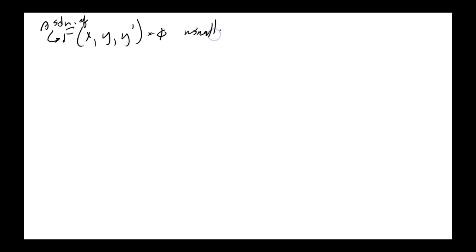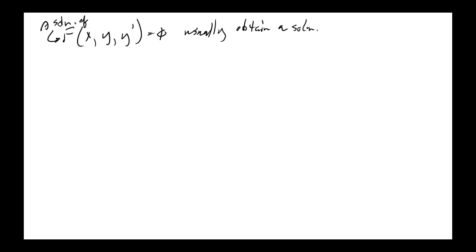Now they sort of italicize usually, okay? Okay, we usually obtain a solution containing a single constant or parameter.